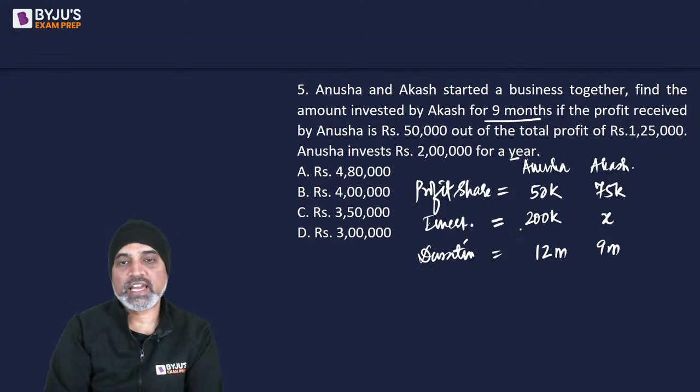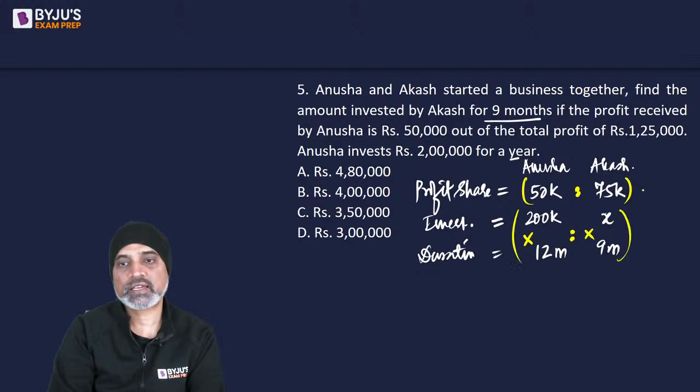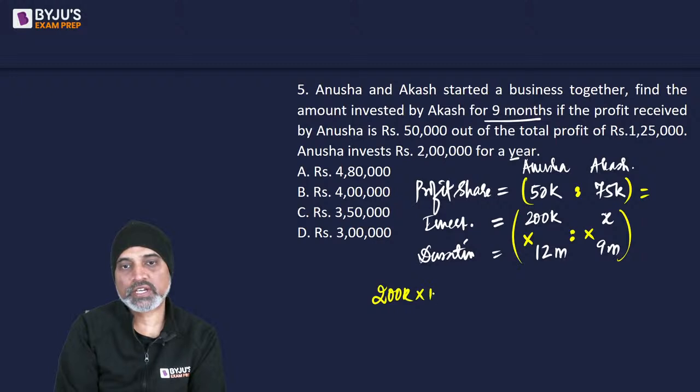Now, profit sharing happens to be the product of investment and duration, so the ratio should be the same as the profit sharing ratio. As in 200,000 into 12 is to X into 9 should be equal to 50,000 is to 75,000.